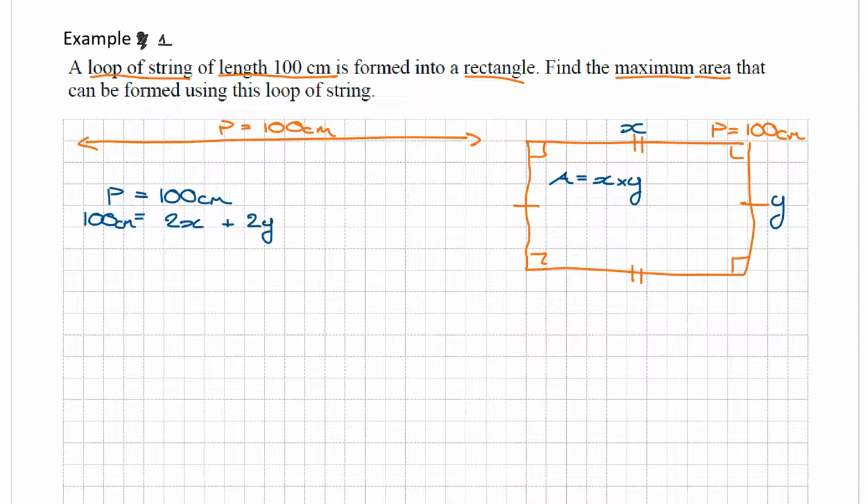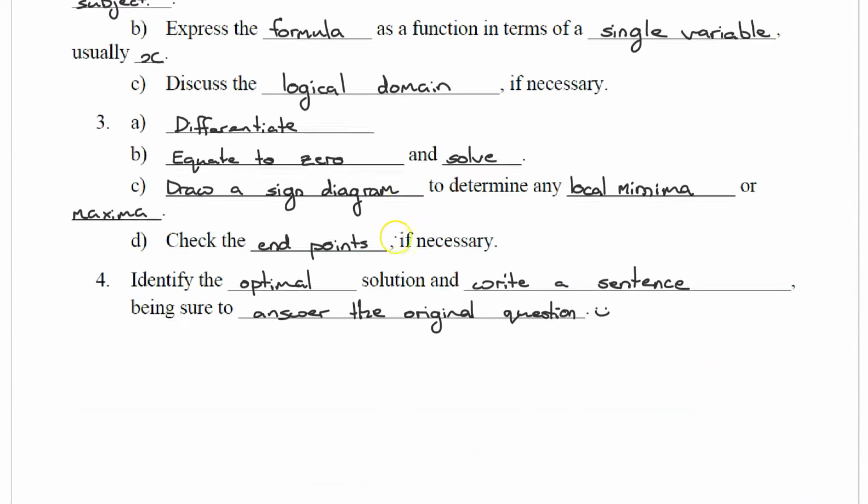So all the sides have to sum to equal 100 centimeters. Now rearranging in terms of y, we'll go 2y equals 100 minus 2x, and therefore y is equal to 50 take x.